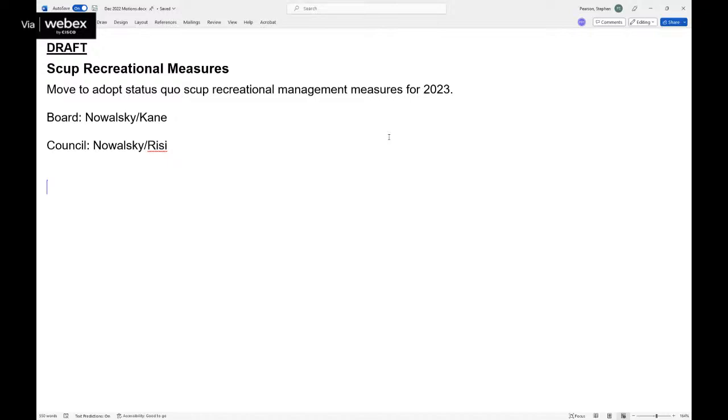You understand what I'm saying? If you stay status quo in federal and go catch fish in federal and come back into state waters, how does that work with enforcement?